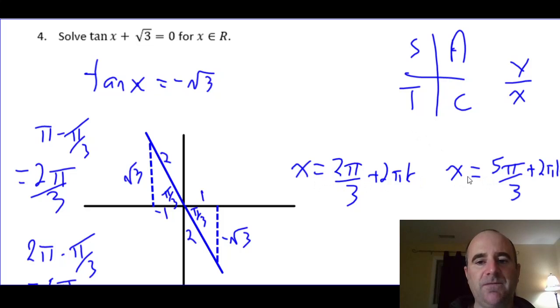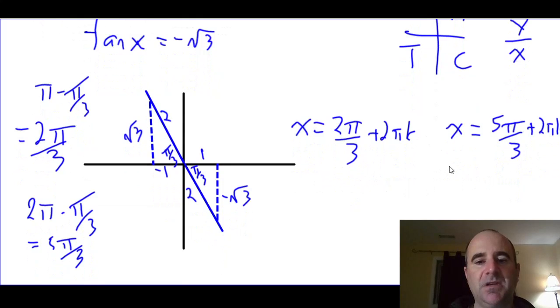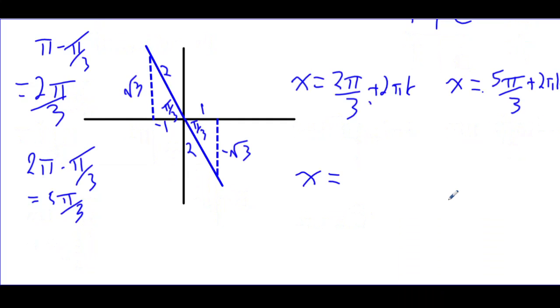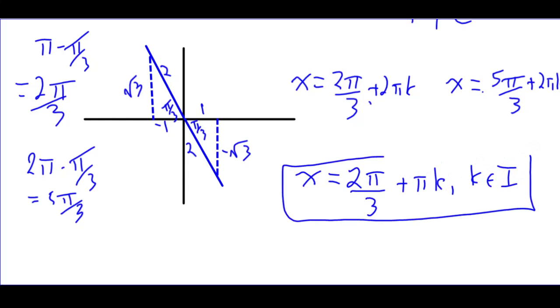So we can actually fix this answer up, and we can combine them and say the simpler answer is that x is 2 pi over 3 plus pi k, where k is any integer. And there is a nice simplified version.